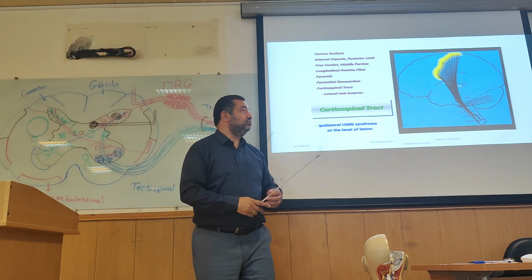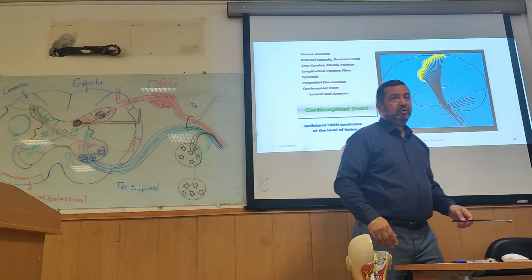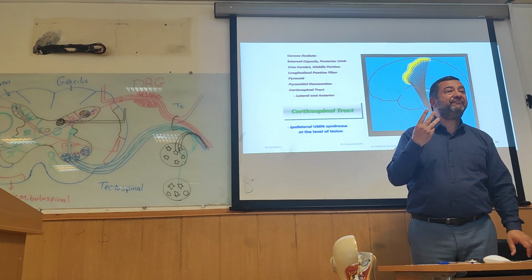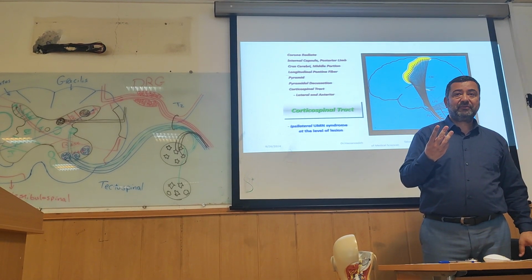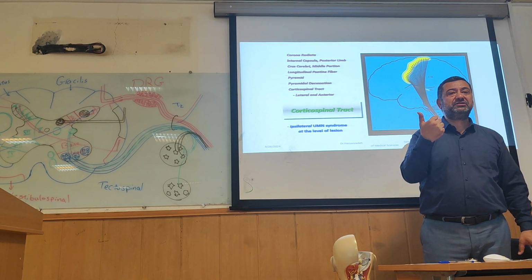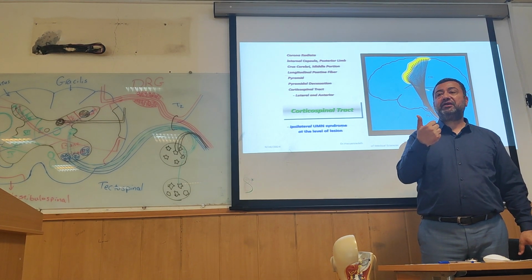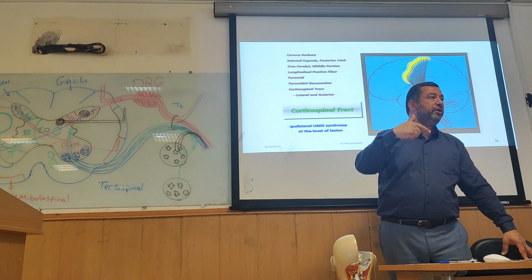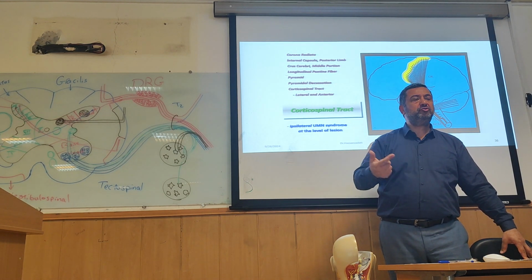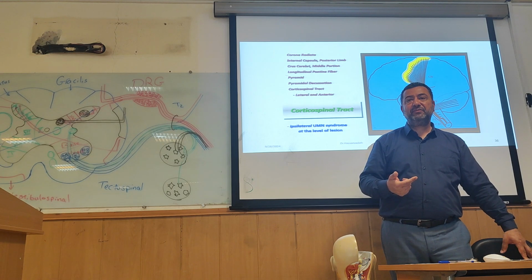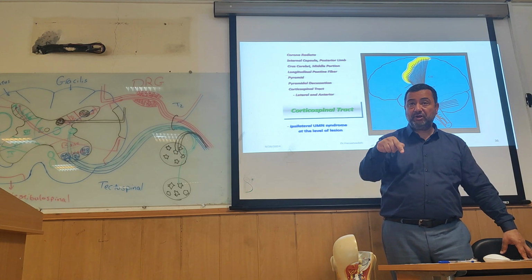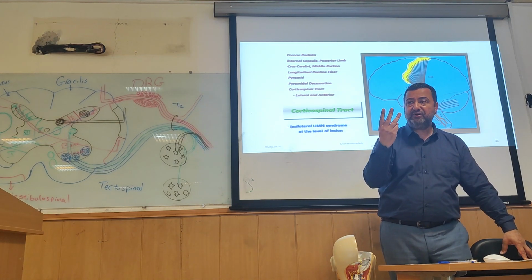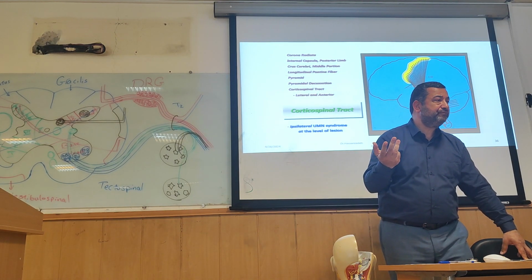Okay? In the corticospinal tract, 75 to 80% of fibers cross in the medulla oblongata, and 20 to 22% cross in the spinal cord. Just 3% of fibers don't have any crossing.